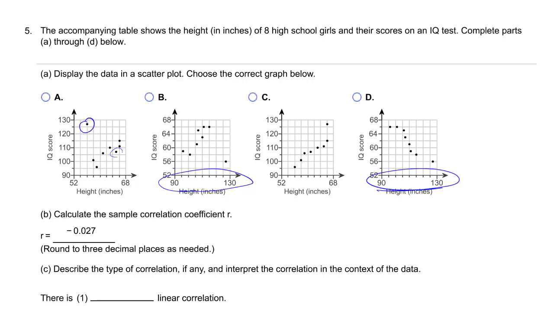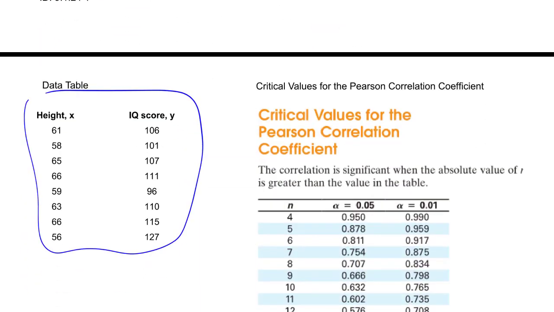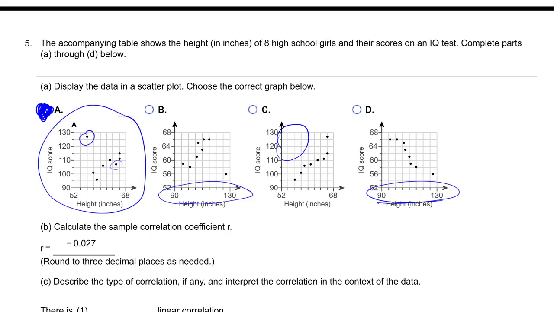So this is 52, 56, 120 something. So 56, 127 is there, and it's not represented here, so it has to be this one here. Okay. So there is our scatter plot.